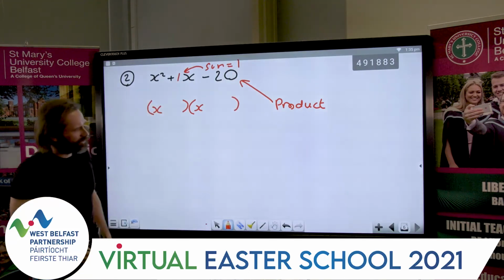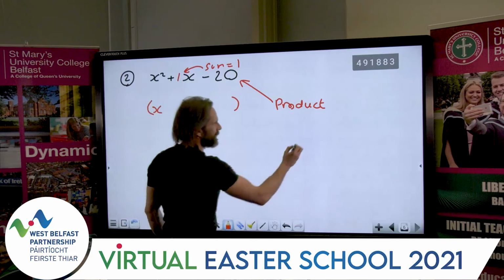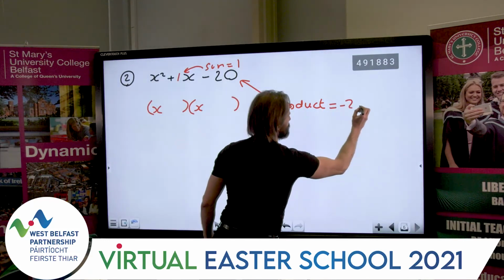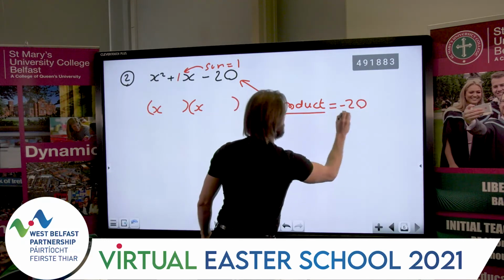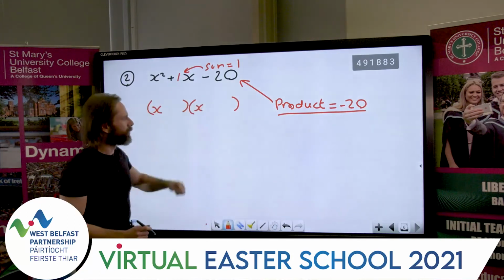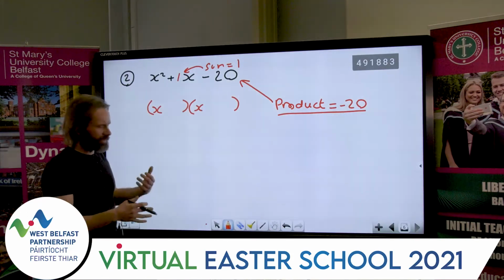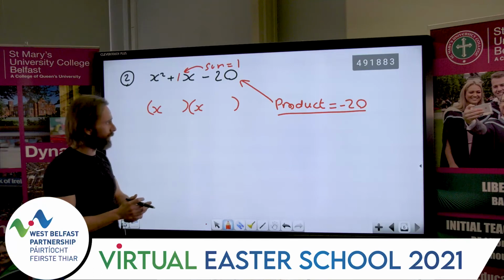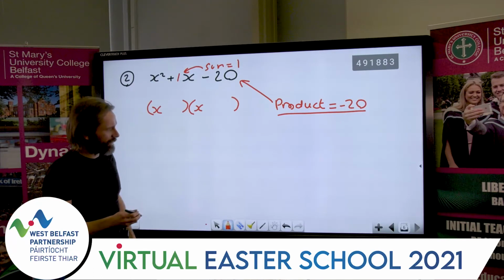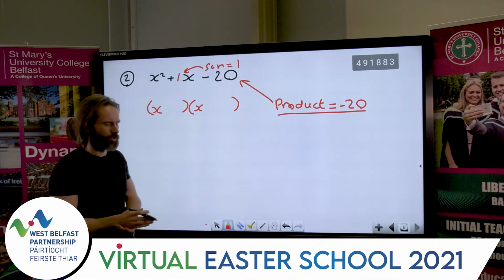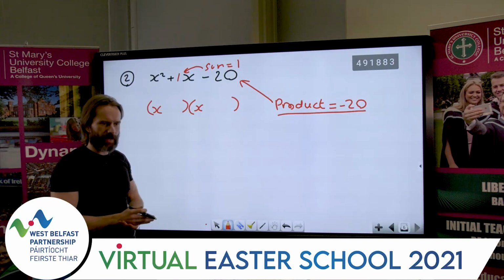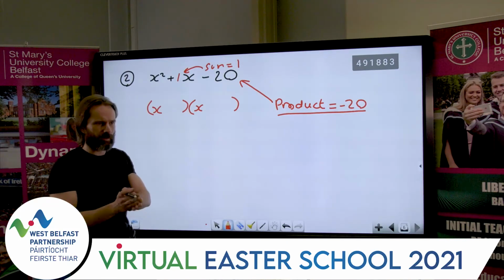So what we need is two numbers that multiply together to give us minus 20, but when we add them, give us a sum of 1. So this is the added step here. We have to consider how we get minus 20 when we multiply two numbers. So we get a negative by multiplying a positive and a negative, or a negative times a positive.